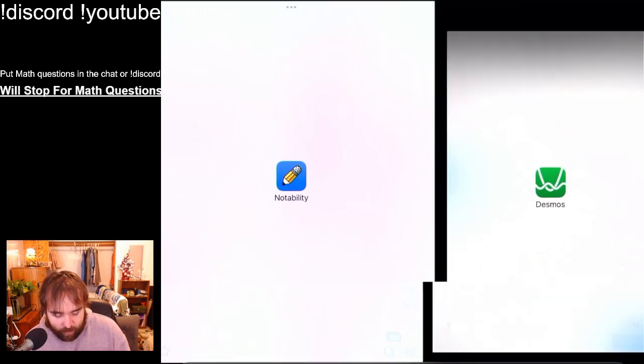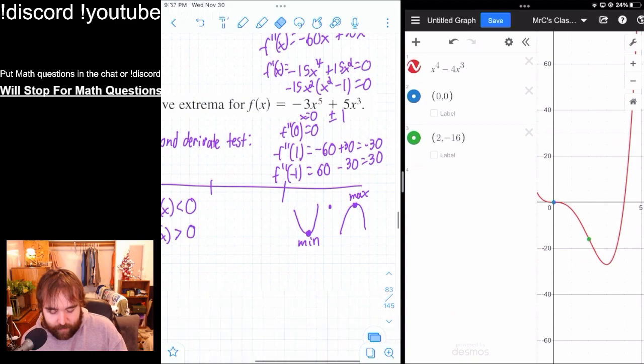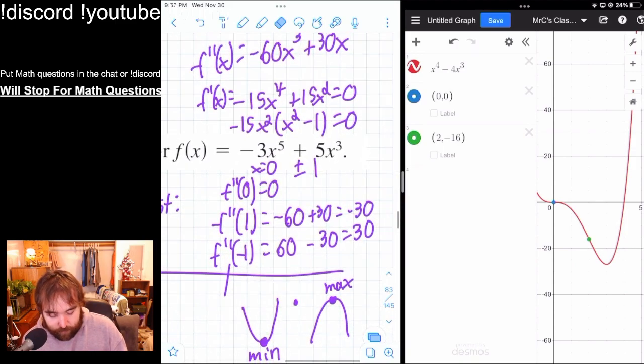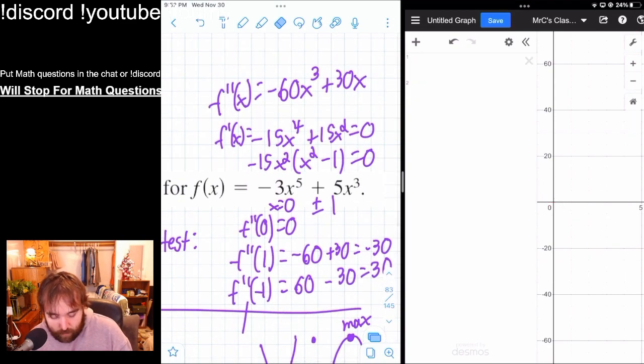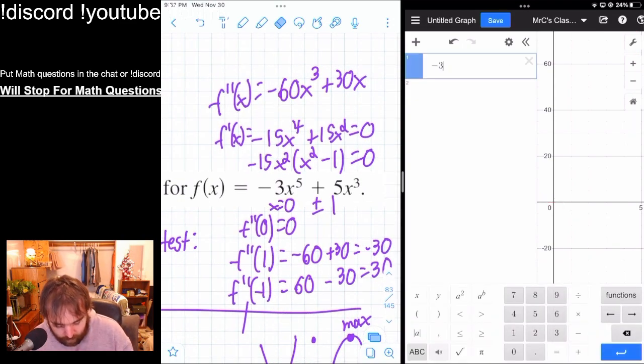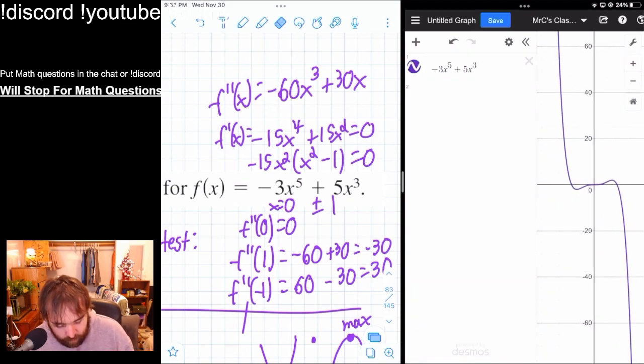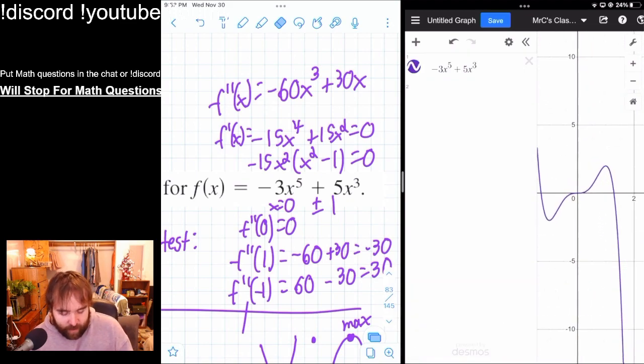But let's take a gander at that. Basically it's not going to be a max or a min at x equals 0 because the concavity is not positive or negative. So let's look at it. We got negative 3x to the 5th plus 5x cubed. So here's our graph, and you see the little flatten out there.